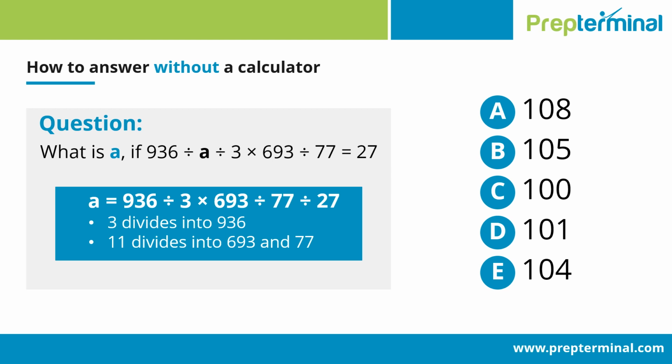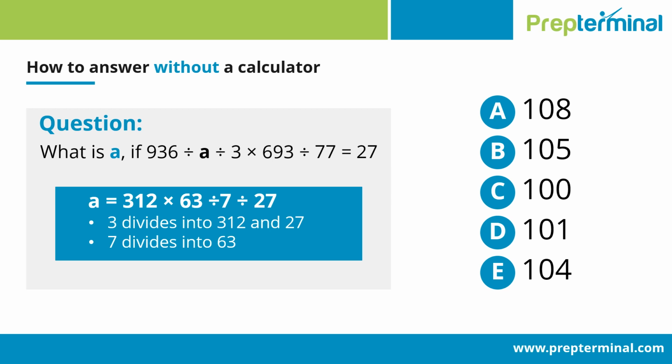Answering without a calculator. A is equal to 936 divided by 3 times 693 divided by 77 divided by 27. To simplify, 3 divides into 936 and 11 divides into 693 and 77.